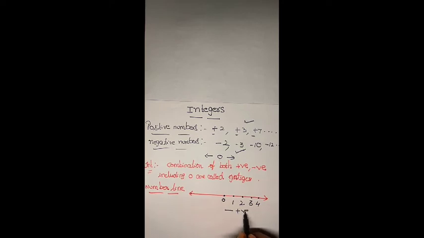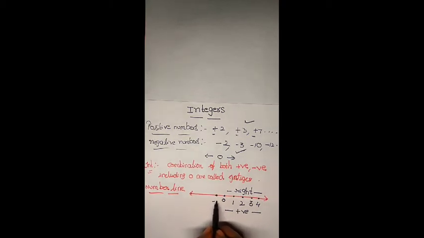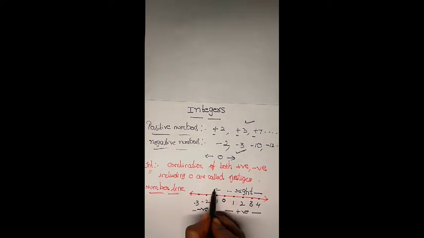So if you observe, to the right side of 0, we have represented only the positive numbers, and to the left side of 0, we are representing negative numbers, starting from minus 1, minus 2, minus 3 and minus 4 and so on. As we have already said, "so on" means we have infinite numbers here.